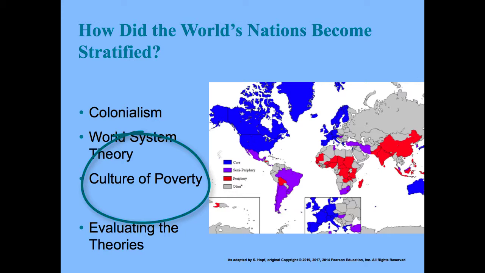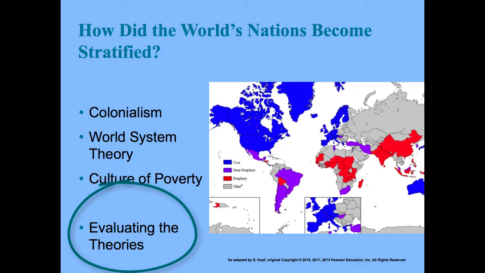Also, the culture of poverty theory suggests that religion leads them to a fatalistic view of the world, and that there is nothing that they can do but submit to the situation. There's a good deal of criticism of this theory, as it doesn't take into account access to resources and the opportunities that this would create for those populations.